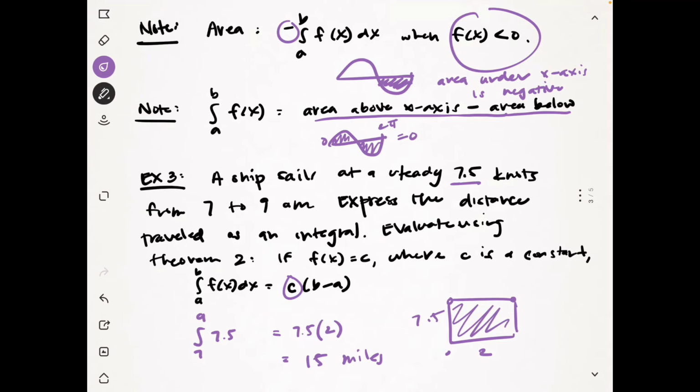Or the easiest way to think about it is if you travel 7.5 knots per hour for 2 hours, it's just 7.5 times 2. So yeah, just reiterating that some of these things are pretty straightforward. It's just they're relating them back to calculus.